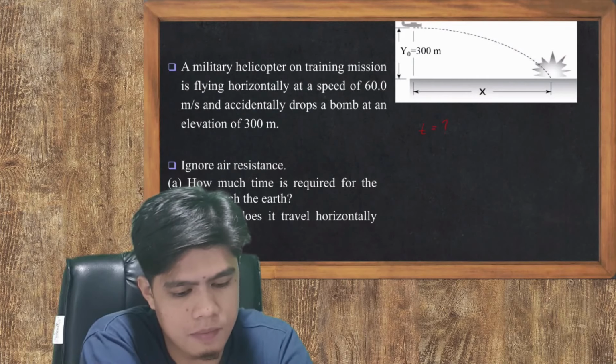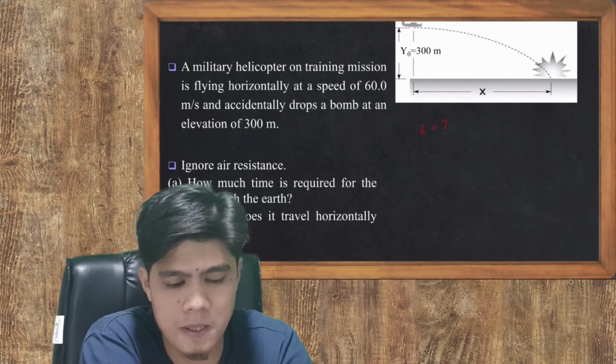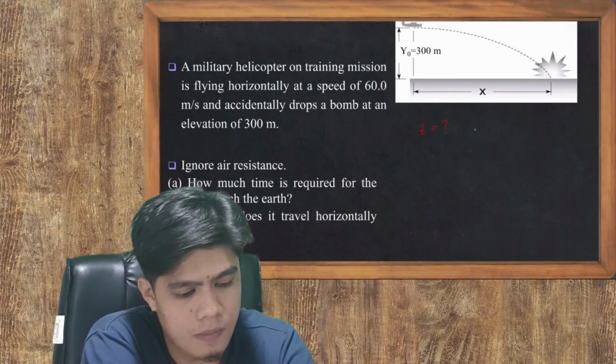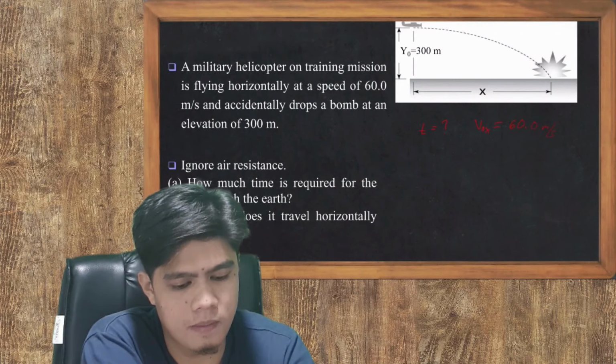So we have an initial velocity, and since it is flying horizontally at a speed of 60 meters per second, this is our horizontal velocity v naught x, which is equal to 60 meters per second.